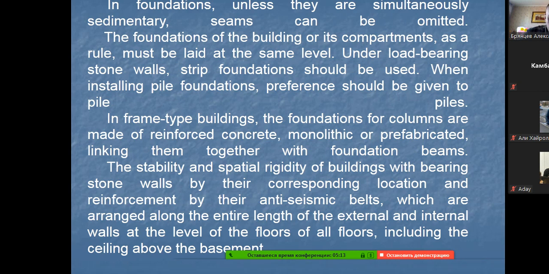All this is important to discuss and to consider during the design of the constructions.